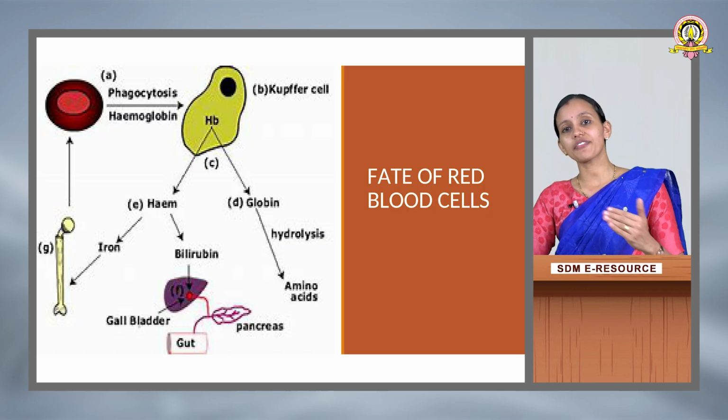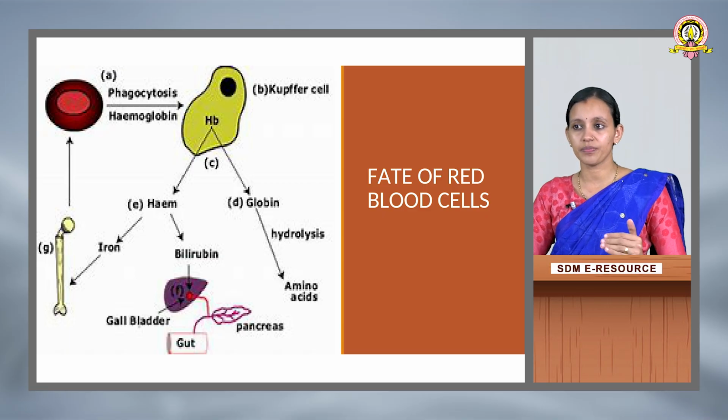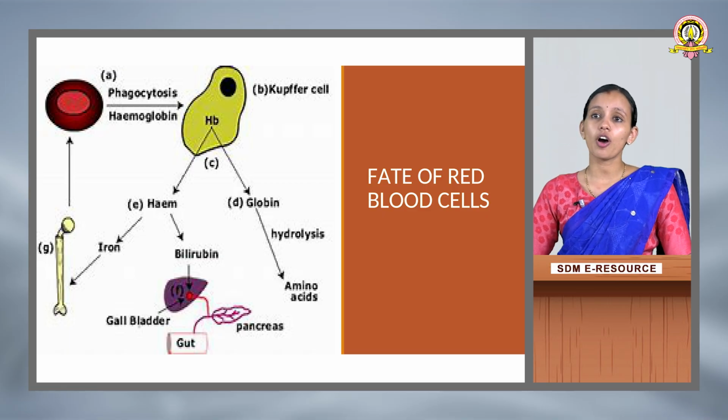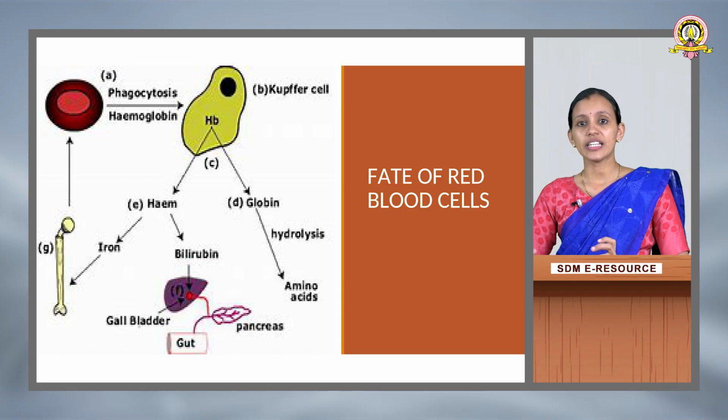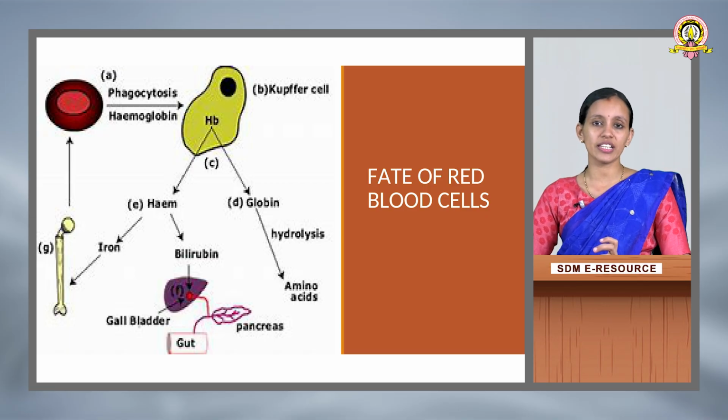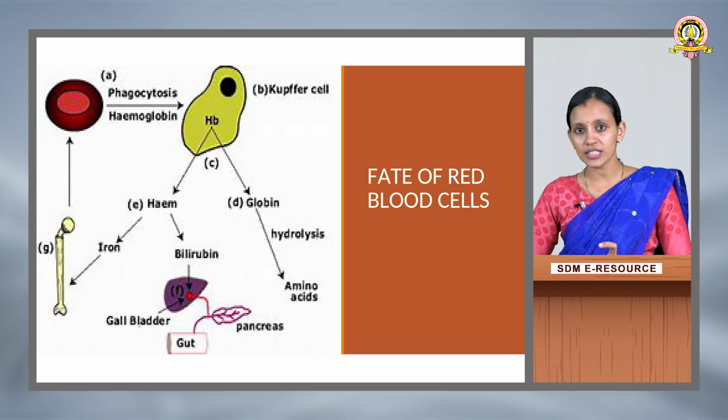So what happens after 120 days of RBC? That is called the fate of red blood cells. Generally, RBCs are present in our body for 120 days, and after that they easily get ruptured or fragmented.